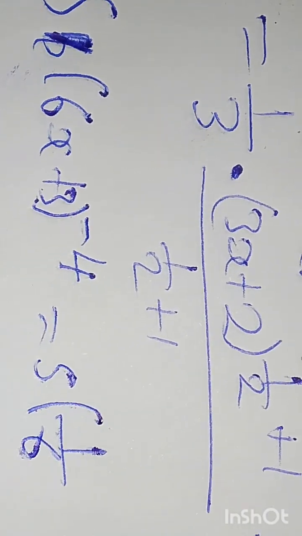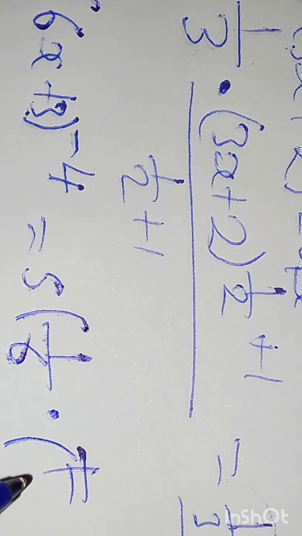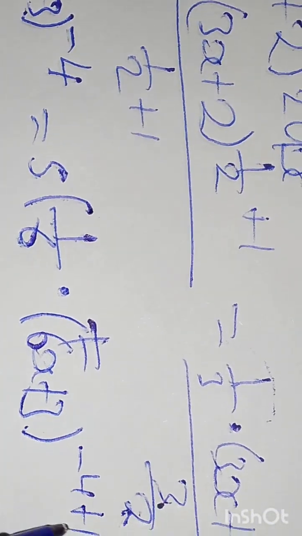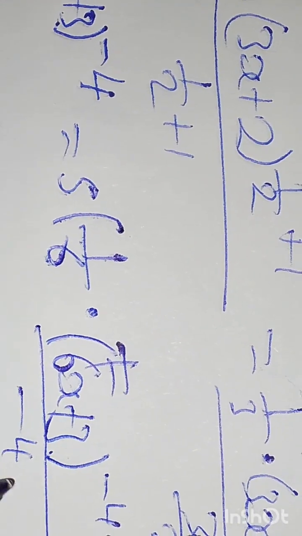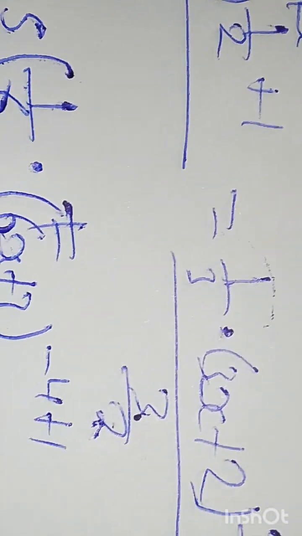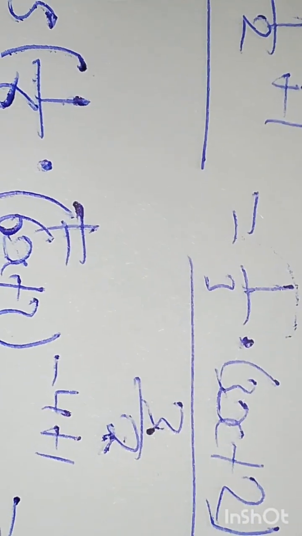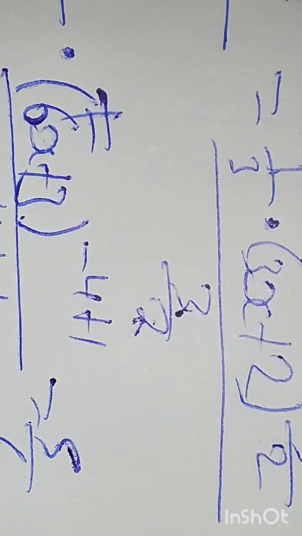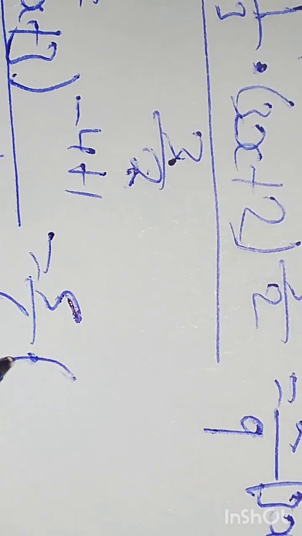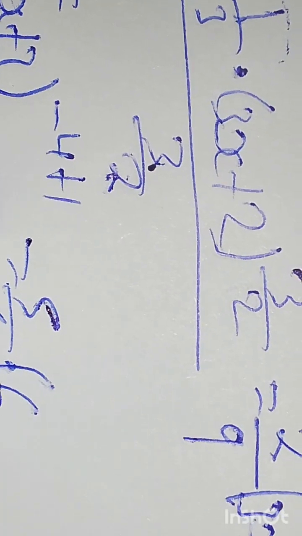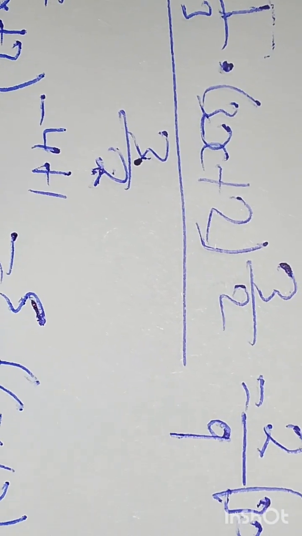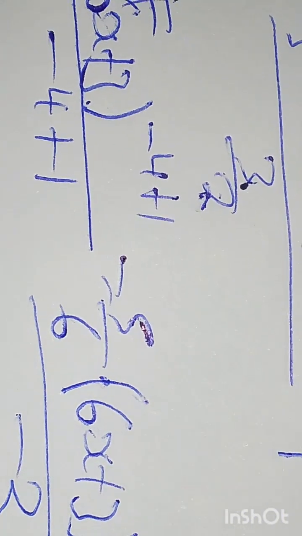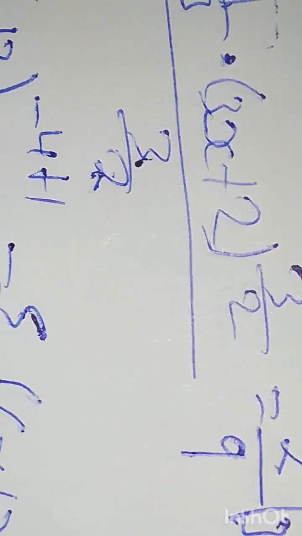So it's 5 multiplied by 1 over 6, multiplied by (6x plus 3) to the power negative 4 plus 1, over negative 4 plus 1, which is equal to 5 over 6 multiplied by (6x plus 3) to the power negative 3, over negative 3.